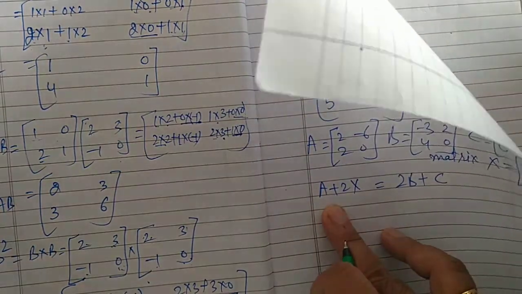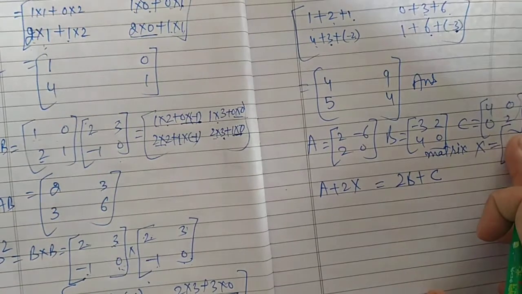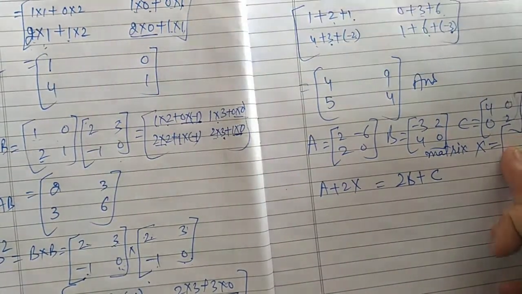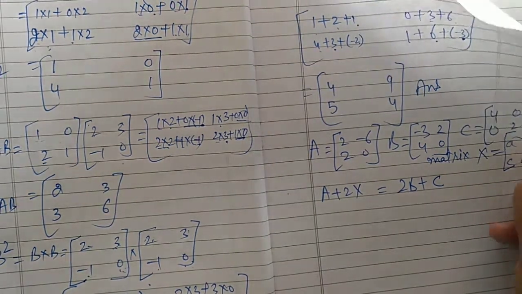So here we have to suppose this matrix with any elements, means you can suppose a b c d also. So let us suppose a b c d.